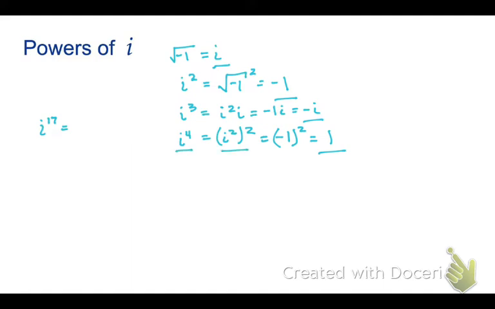So we can do that. i to the fourth is ideally what we want because it is 1. So what if I took this 17 and divided it by 4? How many times does 4 go into 17? 4. And then there's 1 left over. So I have i to the fourth, and I have 1 left over.